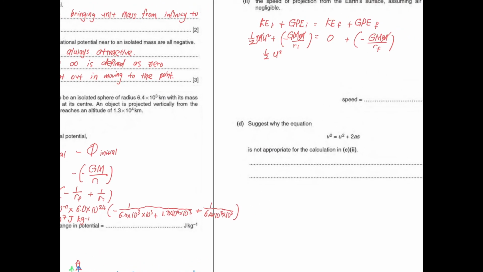Which is something like this, minus GM over R final plus GM over R initial. If I shift the GPE initial to the right, and of course I cut the m already, these two on the right are actually the change in gravitational potential, where you can see I do final minus initial just now, and that value is 4.19 times 10 to the power of 7.